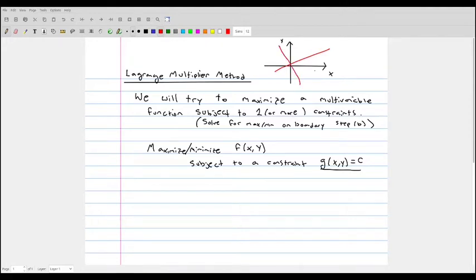This corresponds to a specific level of the function where maybe there's a max or a min right here, and same thing right here.